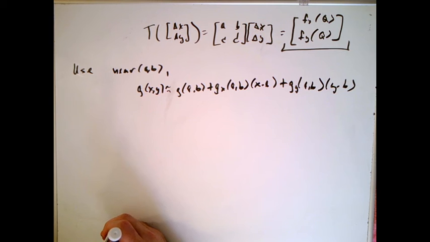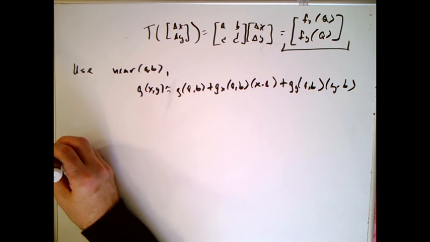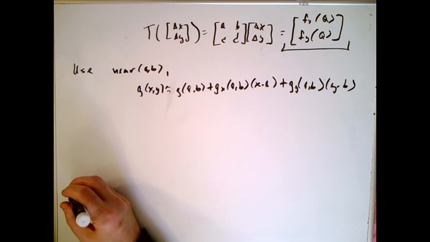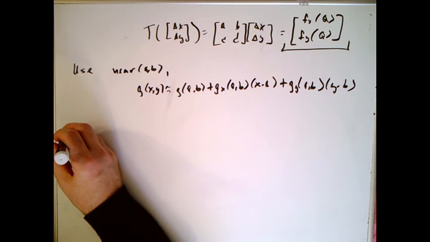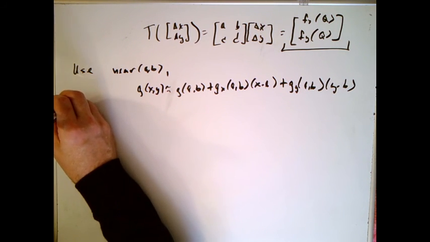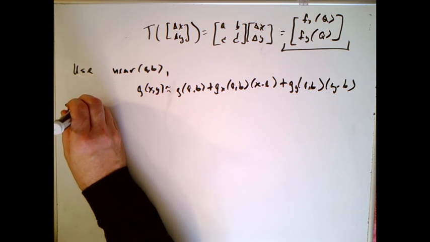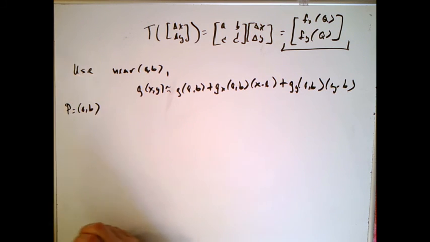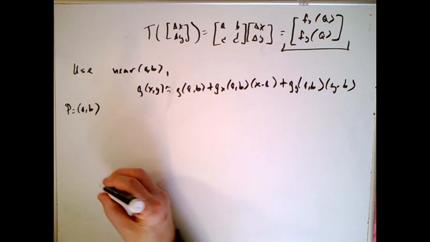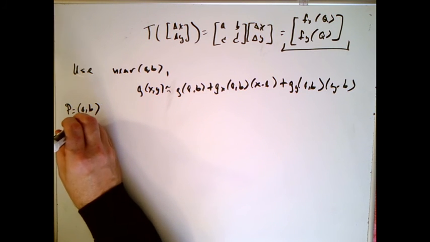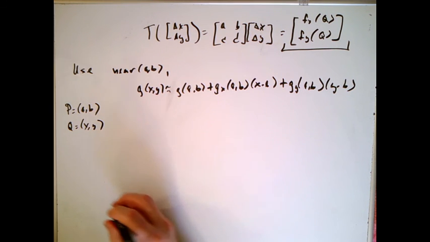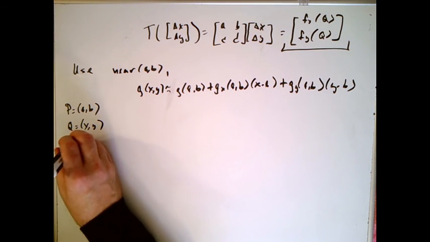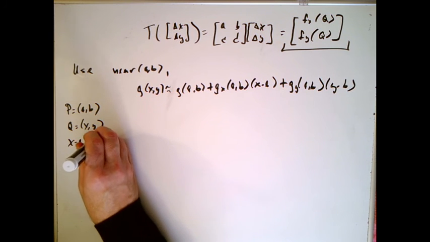Now what we're going to be doing is lots of different things. We want the notation here to match up with the notation that we use in the second derivative test. For example, the point we're really interested in is P, so we're going to call the point (a, b) P. The point we want to plug in is Q, so we're going to call Q the point (x, y). We know that x minus a is actually just delta x. It's a change in x values.